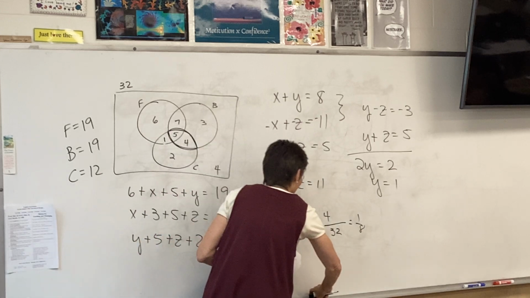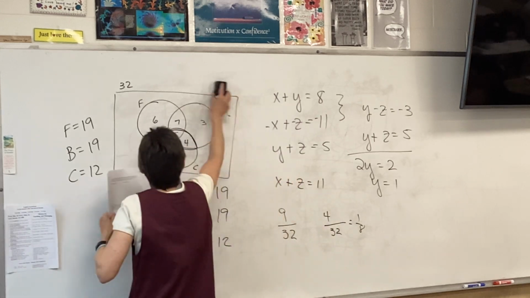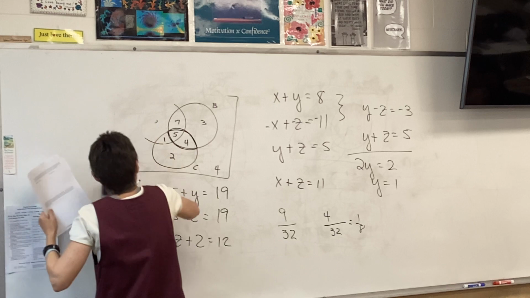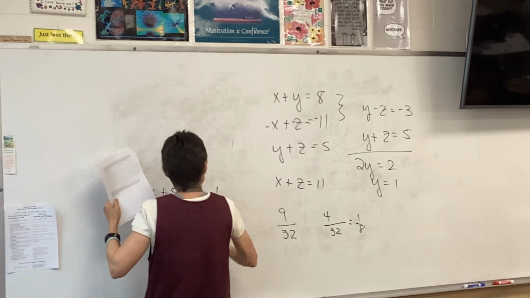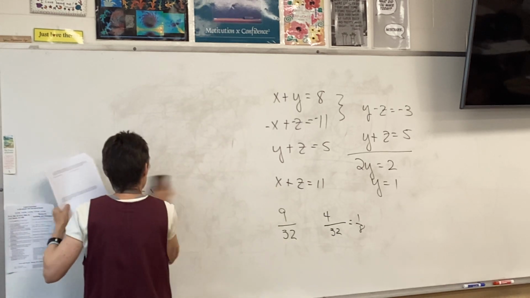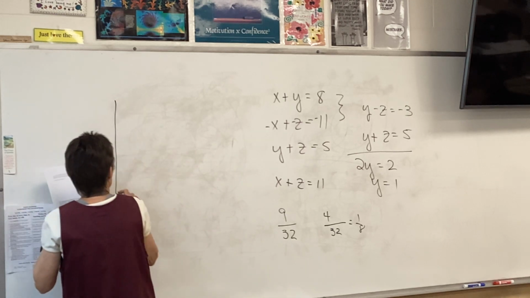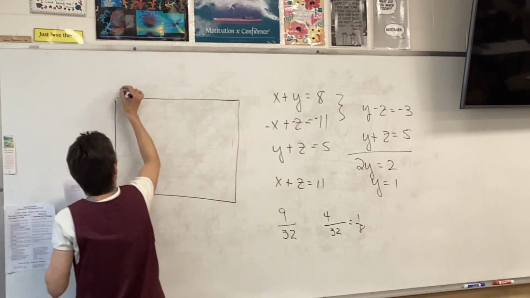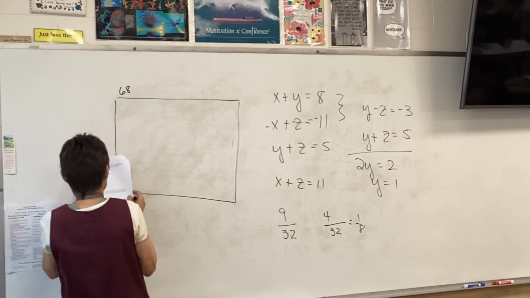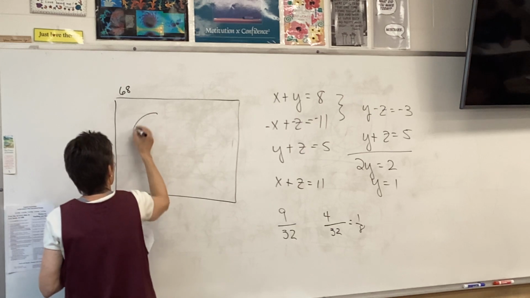All right, one more of these. We'll get it started. Let's just see how much of this you can get done on your own. I think it's gonna be the same kind of thing. 68 seniors were asked if they like green, purple, and yellow.